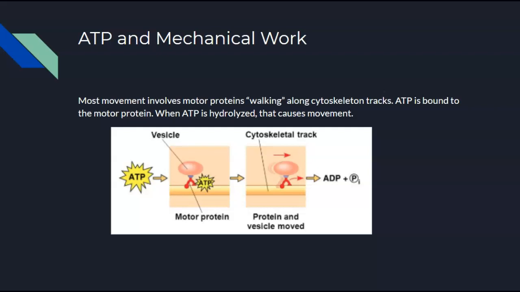Okay, and if you want to move a vesicle along the roads in your cell, you're going to use ATP. And so again, this ATP, when it's split apart, is going to attach a phosphate here, and that energy and that phosphate attaching is going to make the vesicle go along this little track. Okay, so it causes movement here.